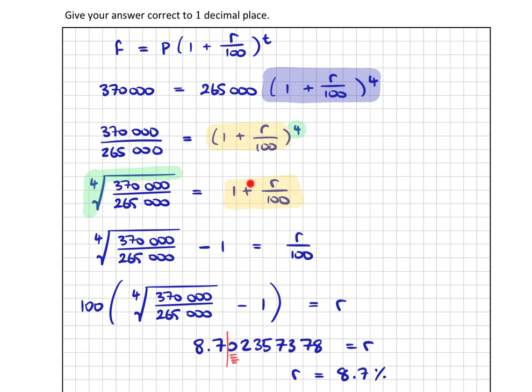So if we subtract 1 from this side, this 1 will be gone. But because we have an equation, we have to make sure we do the same, and we need to take 1 away from this side. So we've got this complicated looking expression here. We've got 370,000 divided by 265,000, and we're getting the fourth root of that, and then we're taking away 1. And that will leave us with OR over 100.